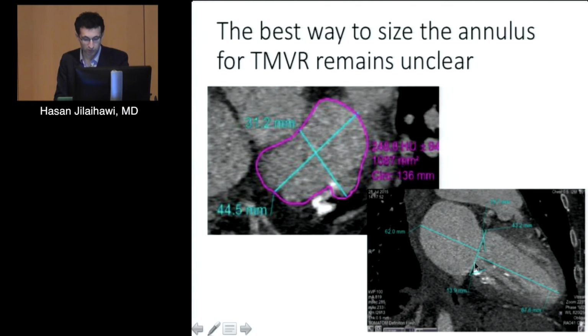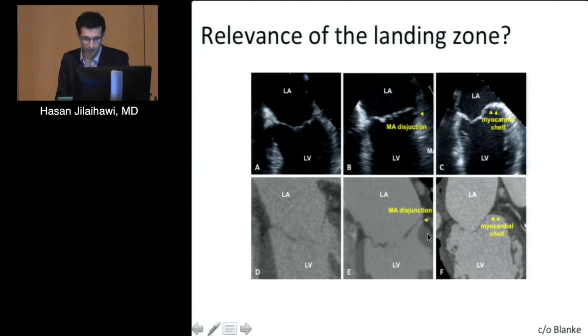These are the kind of measurements being used in the CardioQ study with a very simple 2-chamber view looking at intercommissural distance, or at least a derivative of that, and also the height of the left atrium. So whether we need to have complexities is unclear. There's also the relevance of the landing zone, which again remains unclear, but it's something that we certainly should be looking at.